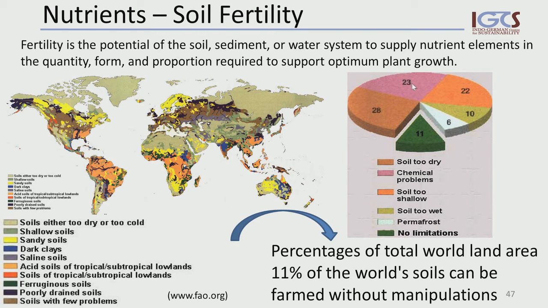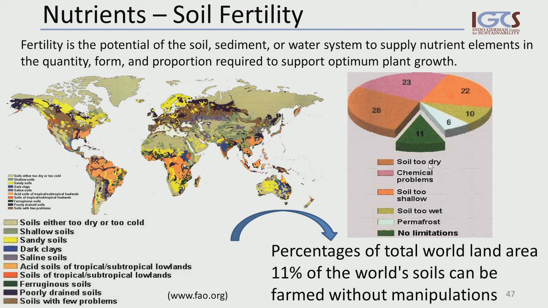Then we see that we have only 11% of the area, this green part of this pie, which has good soil fertility, which is balanced from a point of nutrient availability. All of the other soils have limitations and would need additional intervention to improve.